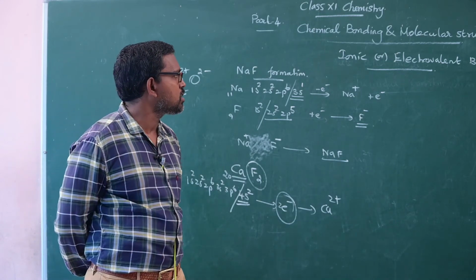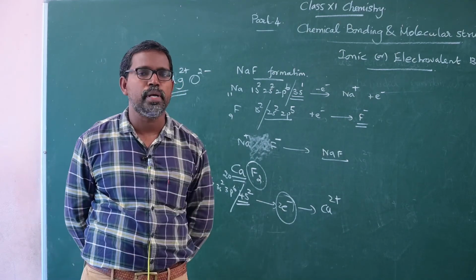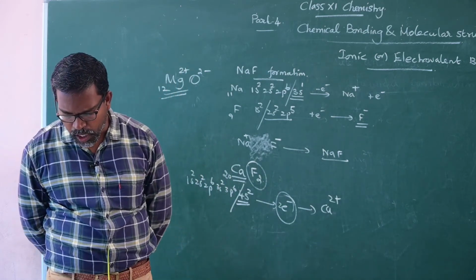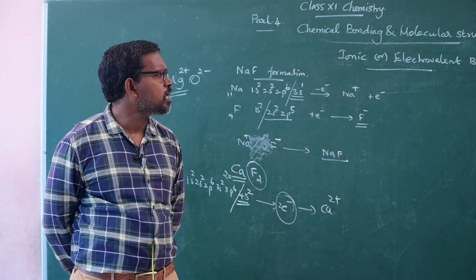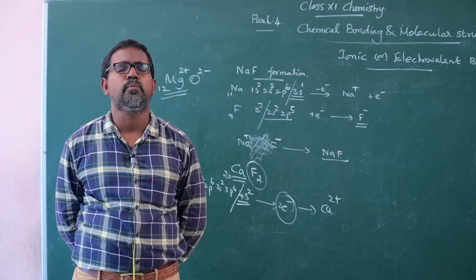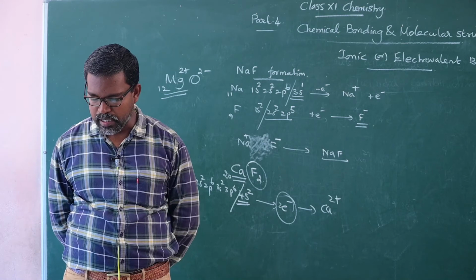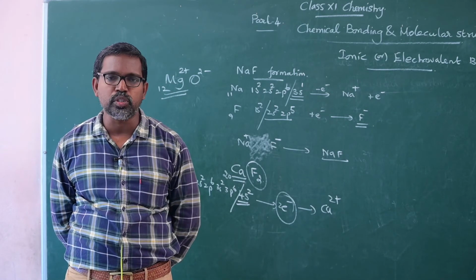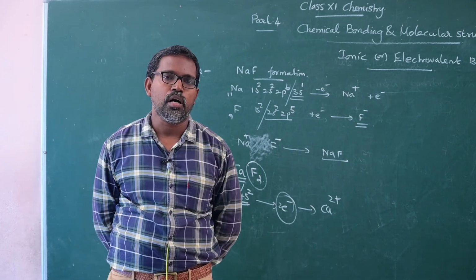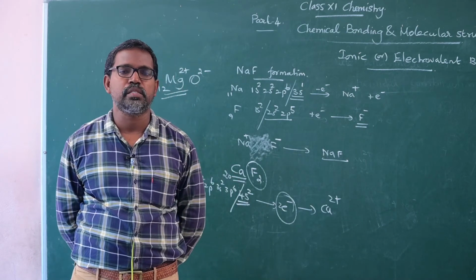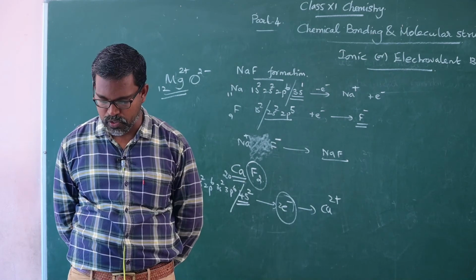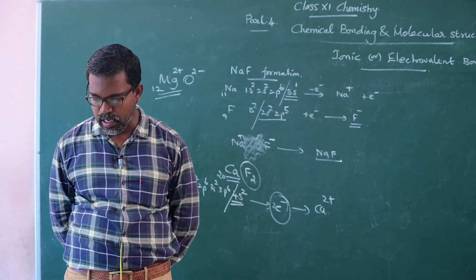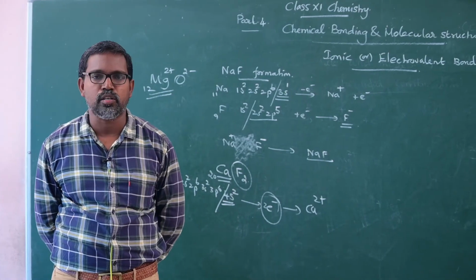So, these are the factors on which the formation of an ionic or electrovalent compound majorly depends. Ion formation takes place from the respective neutral atoms, and the arrangement of positive and negative ions in the solid is called the lattice of the crystalline compound.